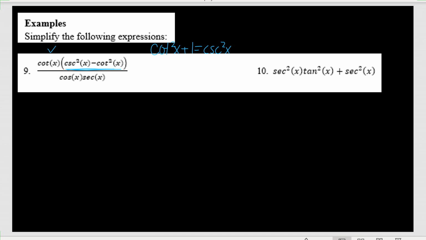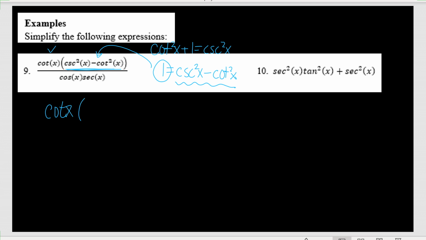So if I subtract the cotangent squared to the other side of the equation, I'll have 1 equal to cosecant squared minus cotangent squared. Oh, that's awesome. Great. I can replace that entire term in the parentheses with 1. Cool. Let's just do that. We'll look at the rest of it in a minute.